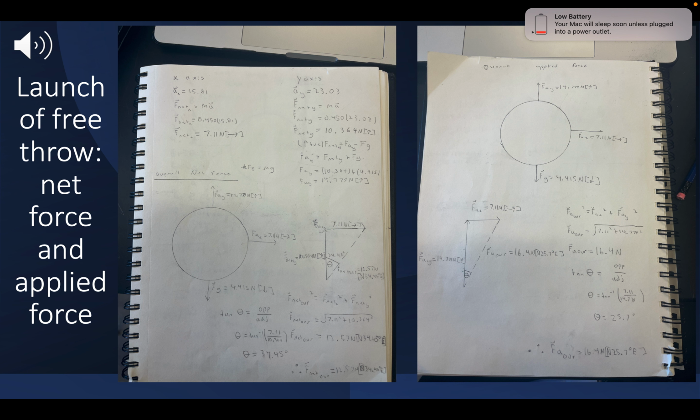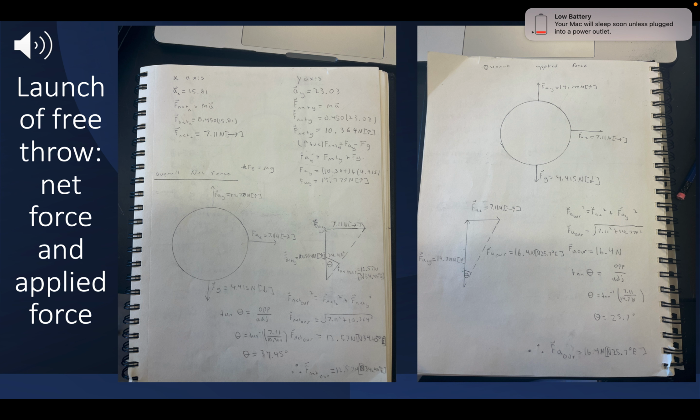To find the angle of this overall net force, we can use SOHCAHTOA, and specifically TOA, which is opposite over adjacent. Because we're finding an angle, we will use the tan inverse and get an angle of 34.45 degrees. And therefore, we can say that our overall net force is 12.57 newtons north, 34.45 degrees east.